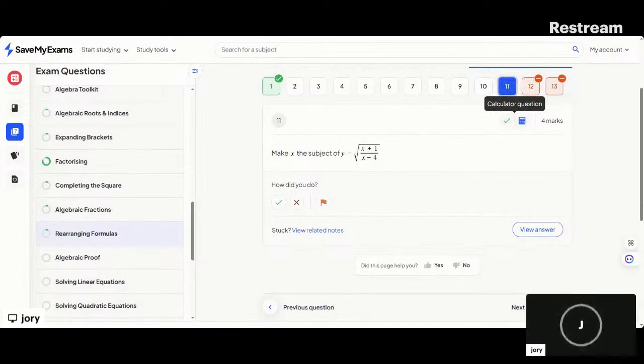Right. (x minus 4) y squared equals x plus 1. xy squared minus 4y squared equals x plus 1. xy squared minus x equals 1 plus 4y squared. x equals (1 plus 4y squared) over (y squared minus 1).